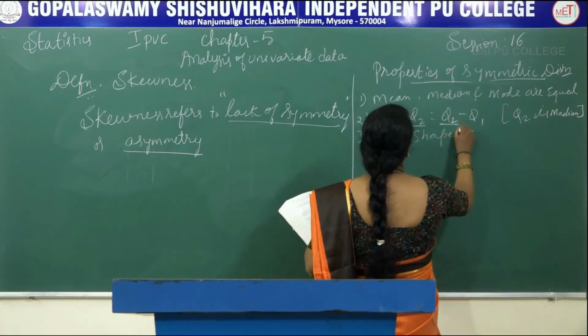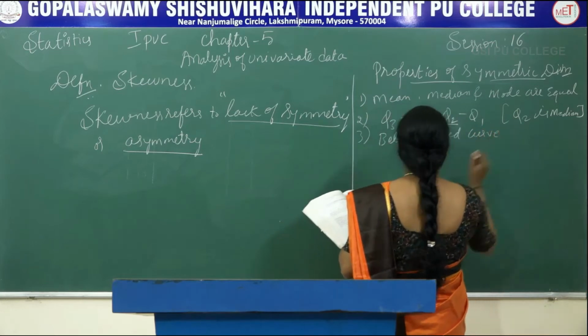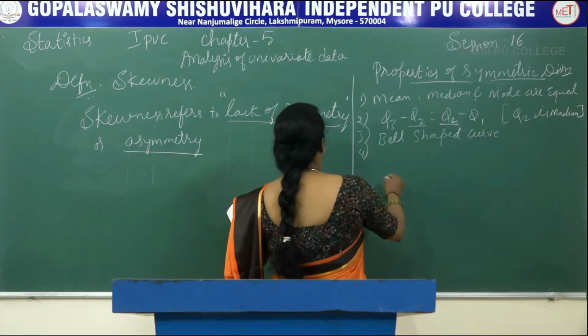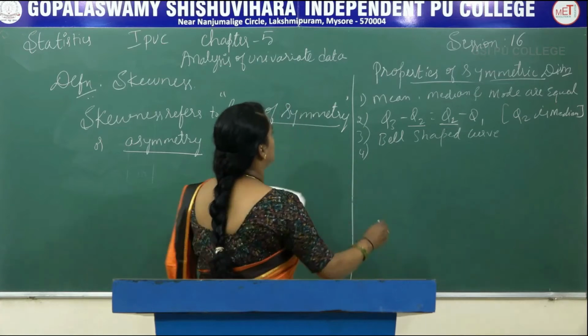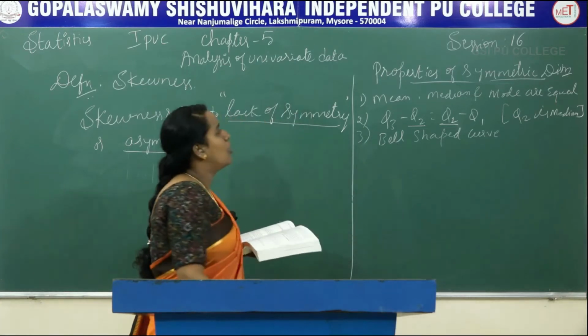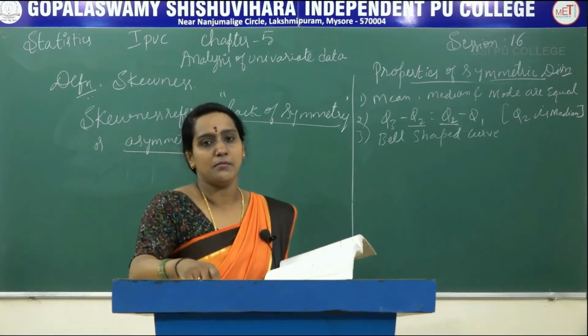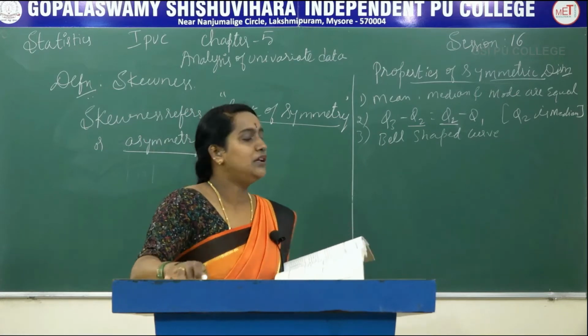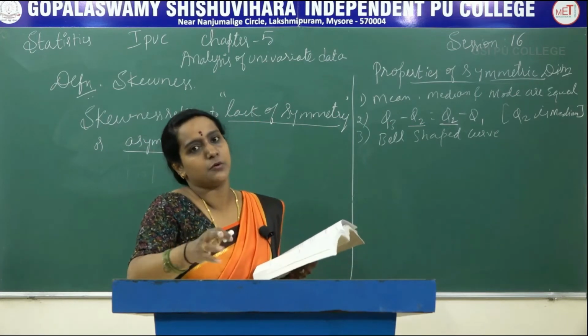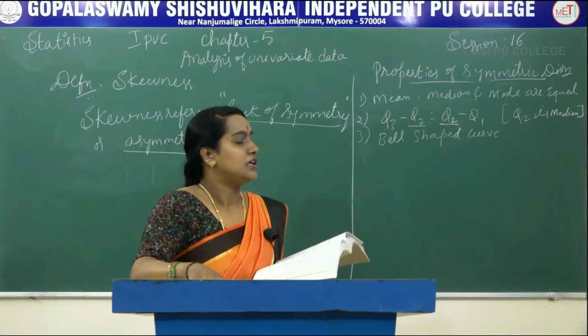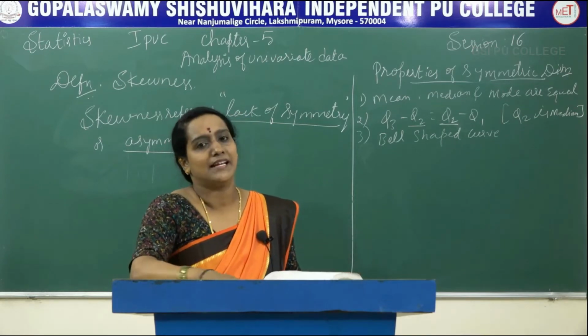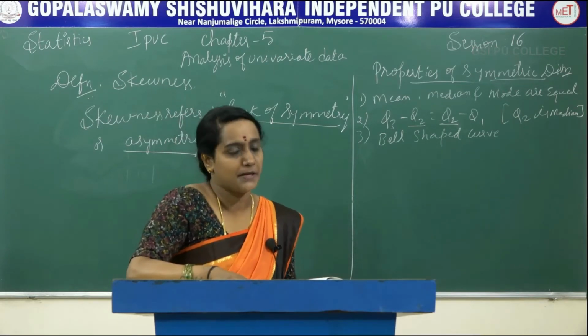Here we have only three properties of a symmetric distribution: mean, median, mode are equal, the median is equidistant from the quartiles, and if we plot the distribution, we get a bell-shaped curve.